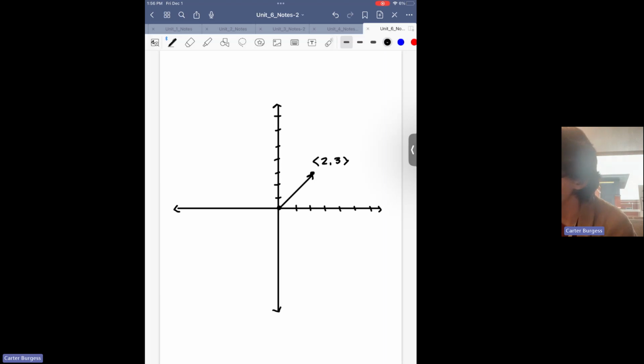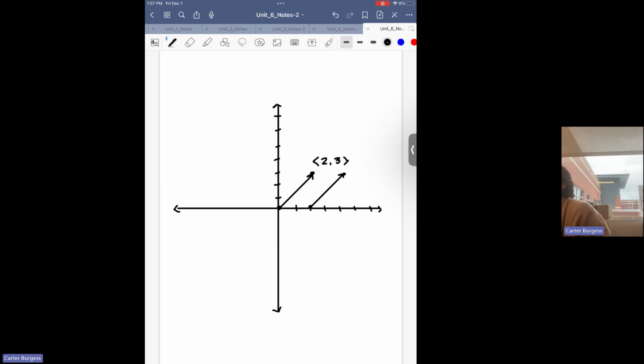So for instance, if rather than starting at the origin and ending at the point 2, 3, I started at the point 2, 0 and ended at the point 4, 3, which, again, my art skills are maybe not being particularly convincing in this case. There we go. That looks about right. We will notice that we get the same vector.